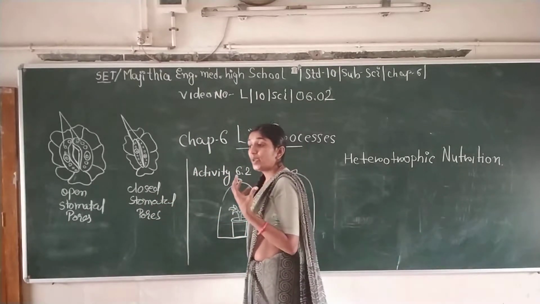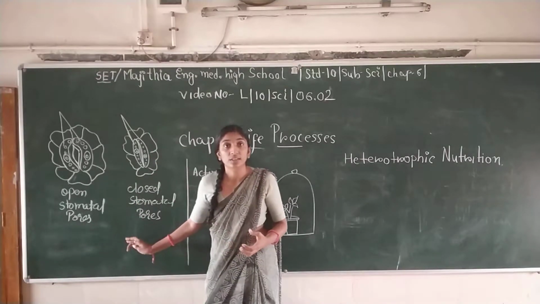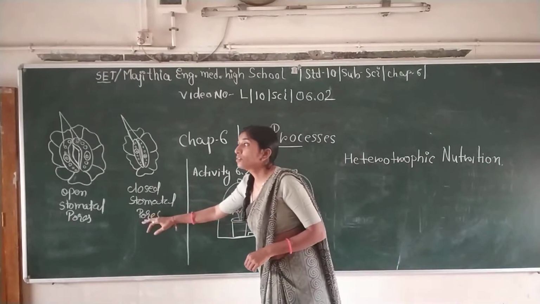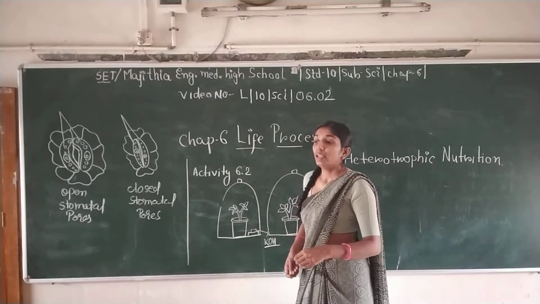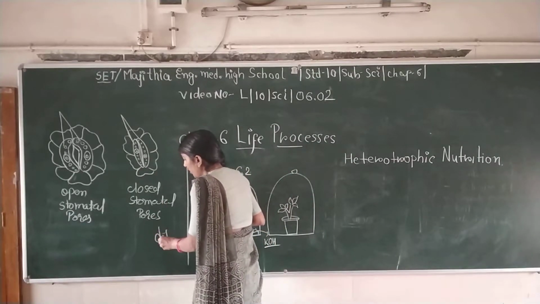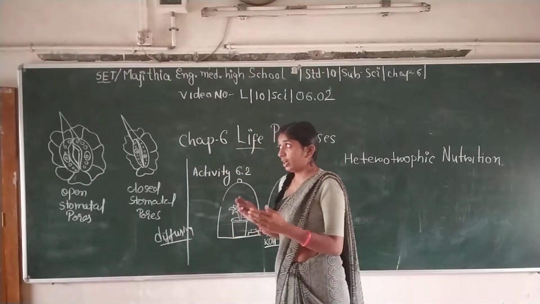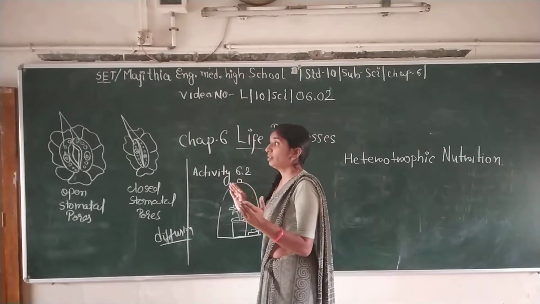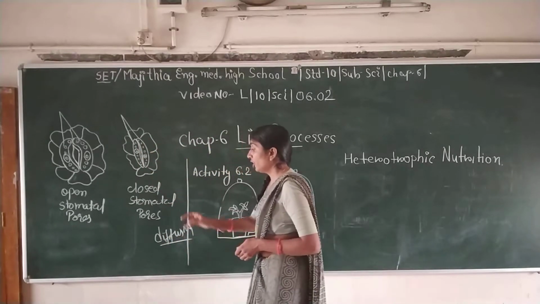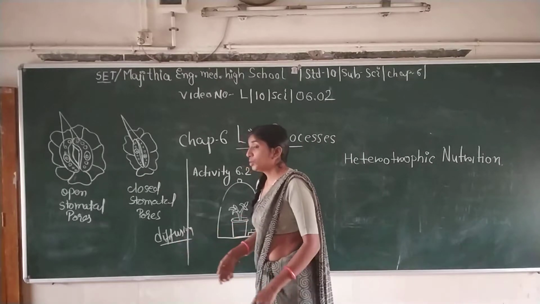So a massive amount of gas exchange is done on the leaf surface with the help of stomatal pores. This is a process called diffusion. If there is a requirement, the guard cells open; no requirement, the guard cells shrink and the pore is closed.